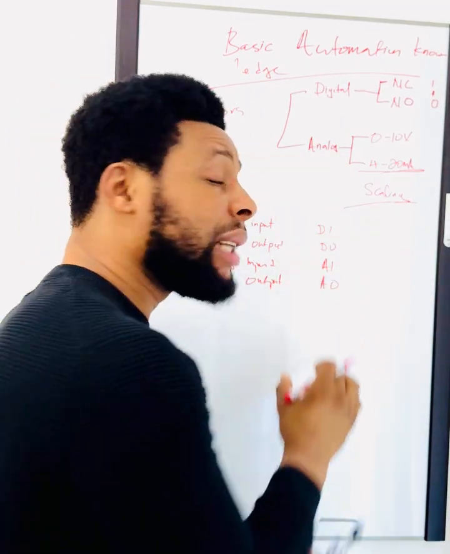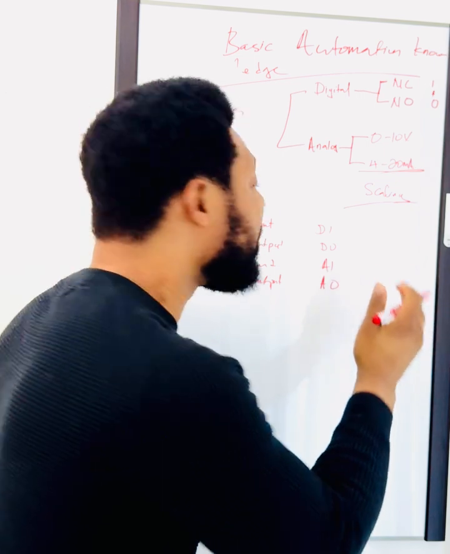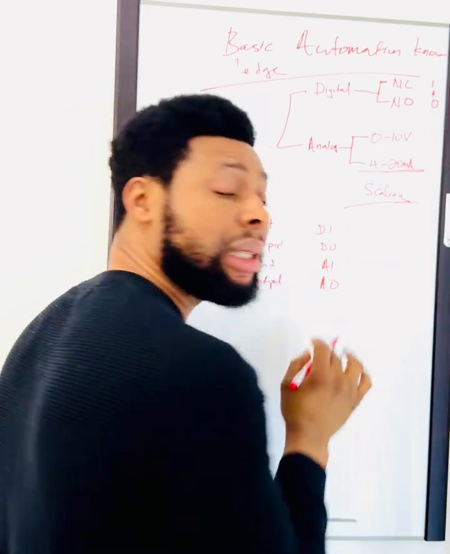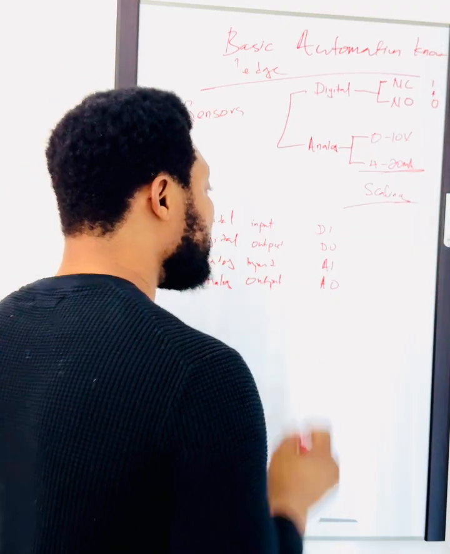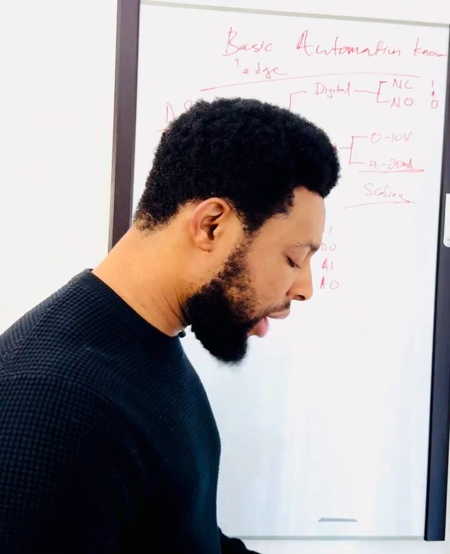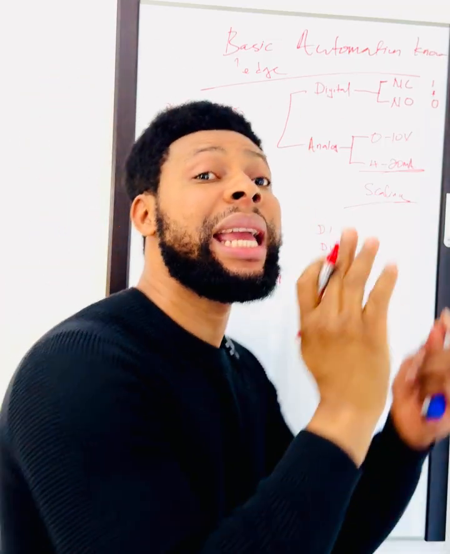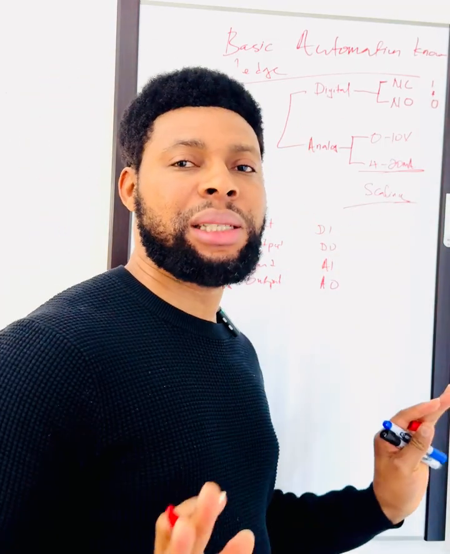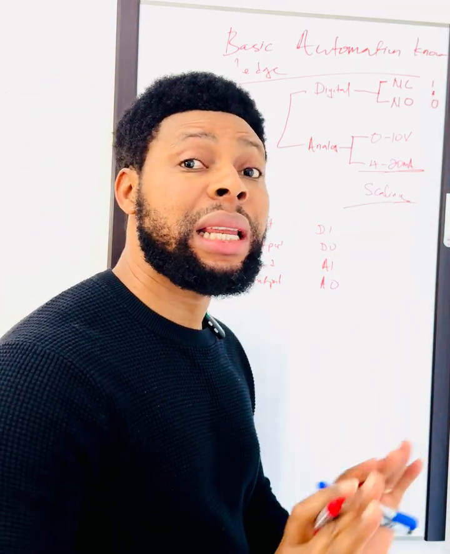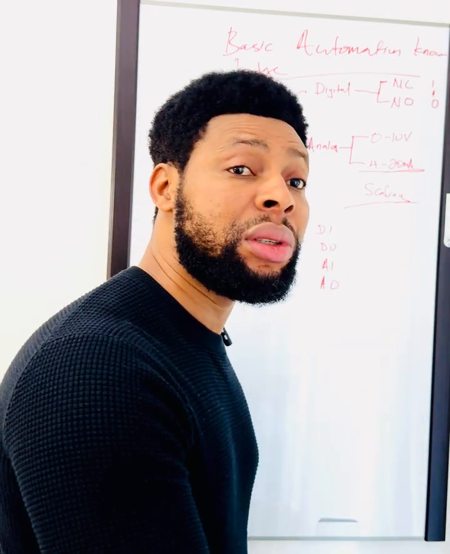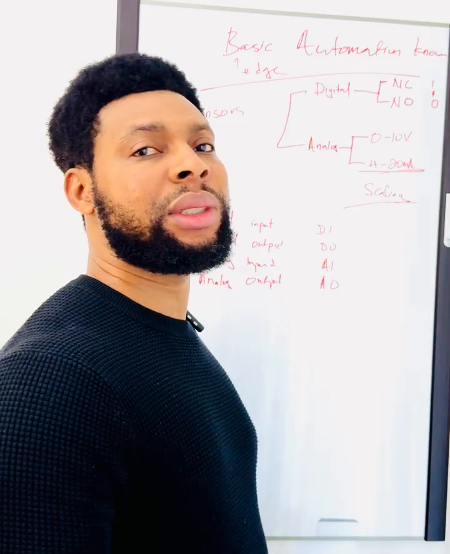There are a little bit more details around this, but you don't need it. All you need is what this is. So digital input is when the sensor is giving an input to the PLC. That is all.